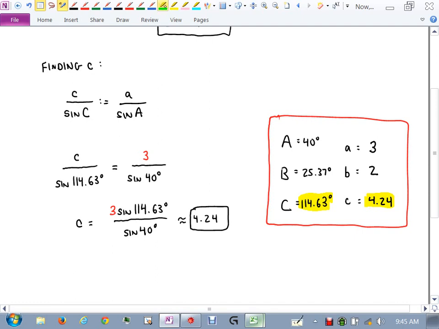And the smallest angle is 25.37, and that is the smallest side. And then the middle one is the middle. Got it? Like I said, it's not a check, because I could be off a little bit on my answers, but if 114.63 came out to be like 1.27, something's wrong. Got it? Something's wrong.